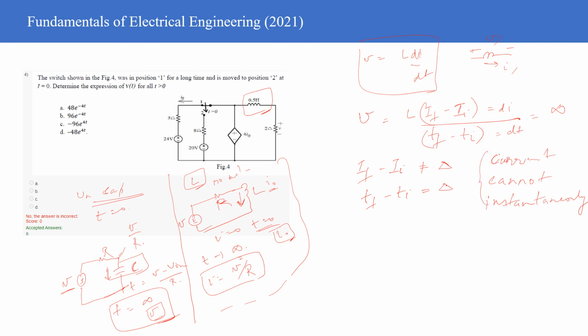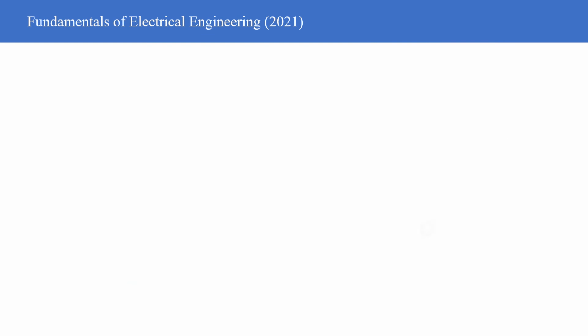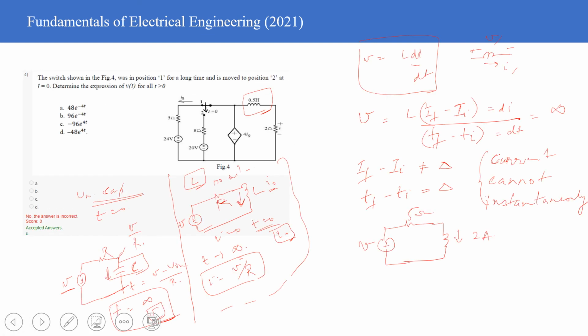Therefore, what is going to happen is that if you have an inductor, as was there in this case, with some initial current flowing through it, let's say 2 ampere current, right? And the resistance here was, let's say, 5 ohm, and the voltage was, let's say, 15 volts.